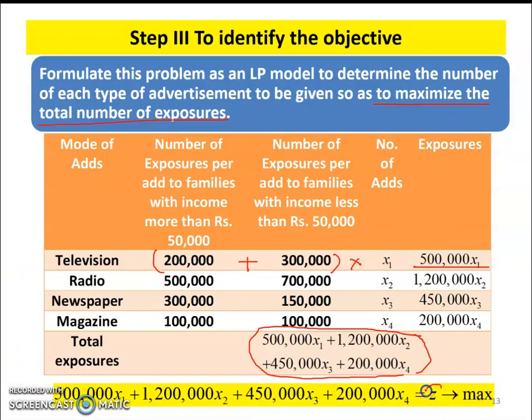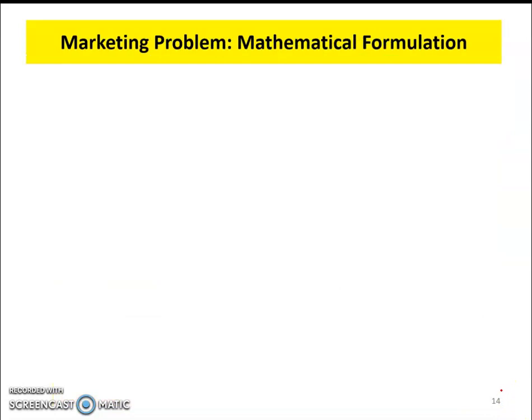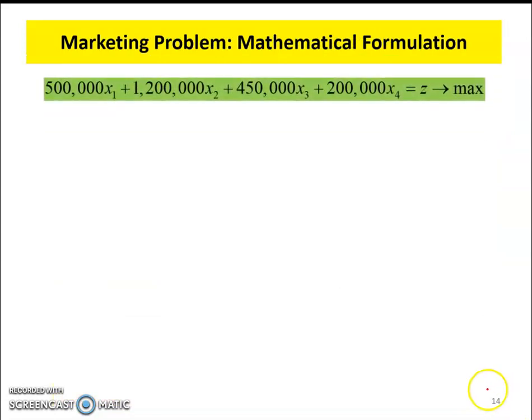So we assume this to be the objective function, the number of exposures z, which is a function of x1, x2, x3 and x4, and we have to maximize this objective function. Now if you take all these things together, we have to maximize this objective function.